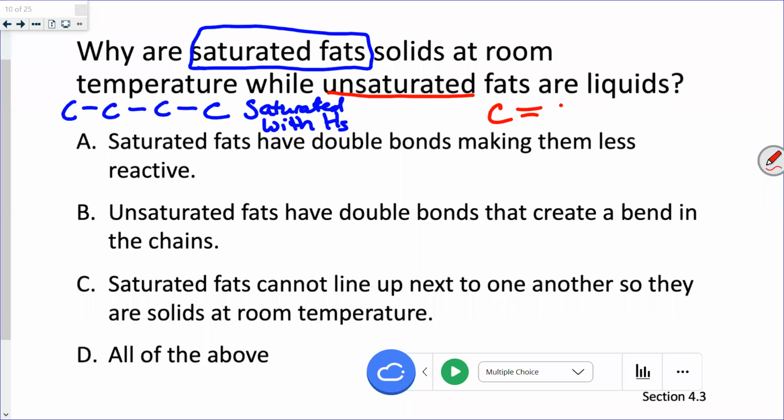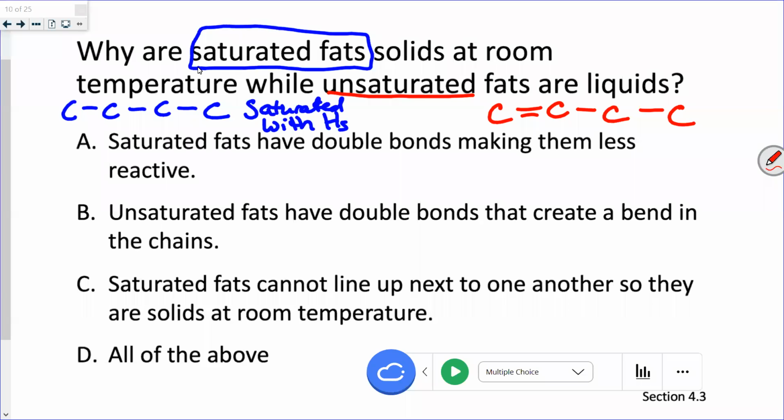So if you have 4 things around your central atom, what shape are you? Tetrahedral. If you have only, let's pick this carbon right here, only 3 things, because this is really a CH, because he wants 4 bonds. So he's got 2 with the carbon behind him, he's got 1 with the carbon in front, and he's got a hydrogen.